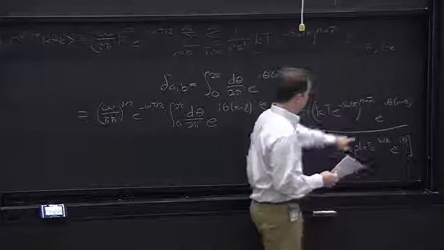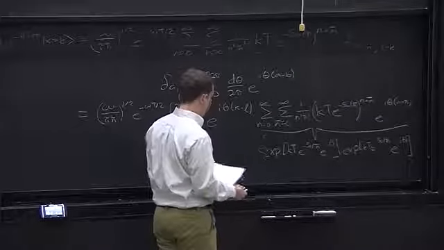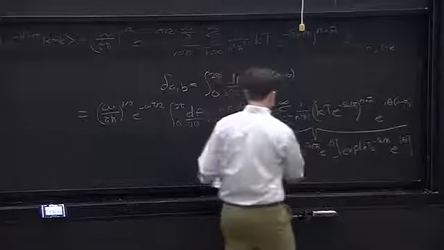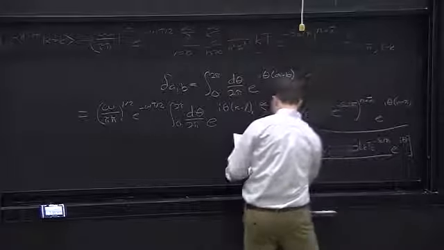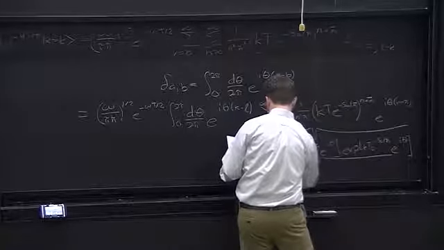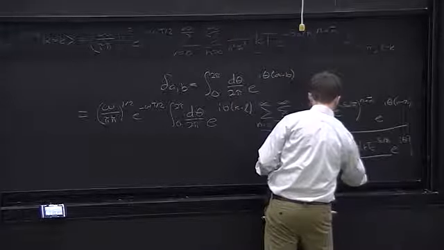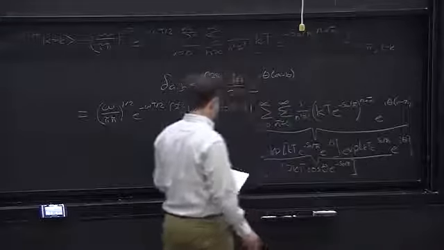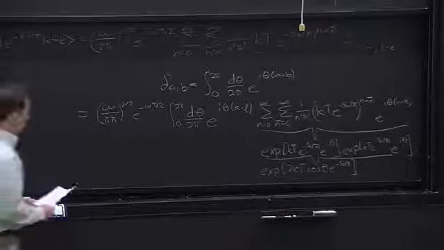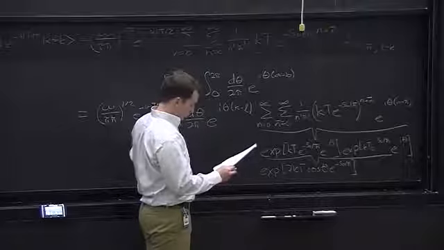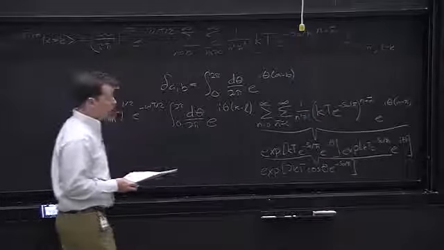So we get the plus i theta from doing the sum over n, and the minus from doing the sum over n bar, which can just be written as the exponential of 2 kt cosine theta e to the minus S naught over h bar. So we see that there is a continuum of energy eigenstates labeled by theta.